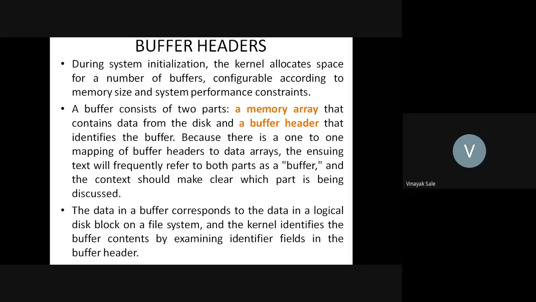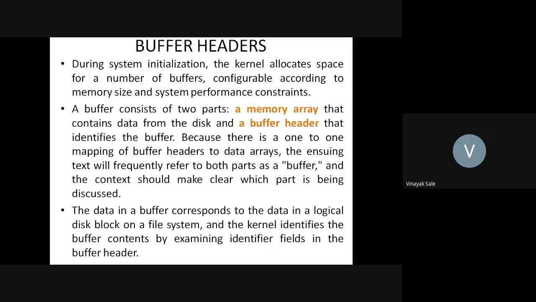A buffer consists of two parts: a memory array that contains data from the disk and a buffer header that identifies the buffer. Because there is a one-to-one mapping of buffer headers to data arrays, the ensuing text will frequently refer to both parts as buffer, and the context should make clear which part is being discussed.